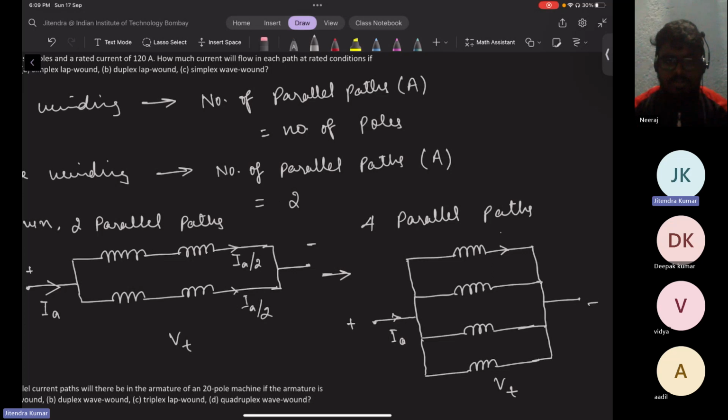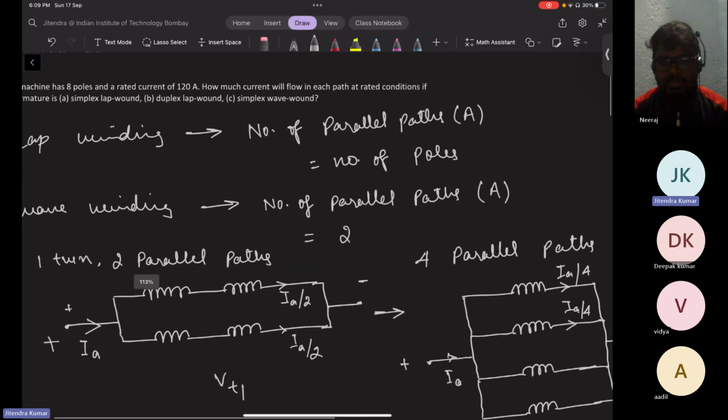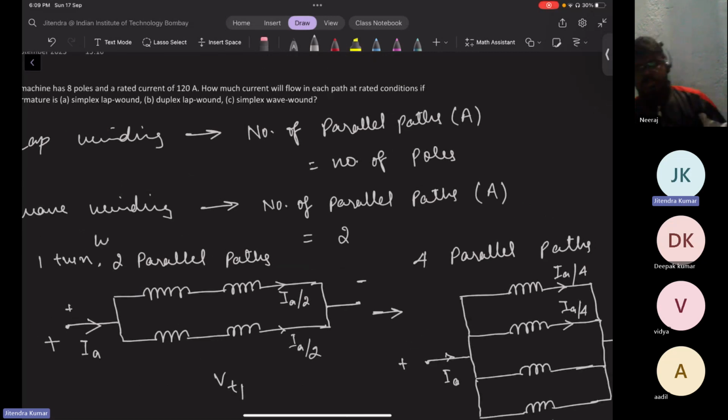Now here, each. Okay, so I will indicate with VT1 and VT2 to differentiate between two different circuits. Since it is a parallel path, the parallel paths are 2 in the first circuit. So let me call it that it is connected with wave winding.